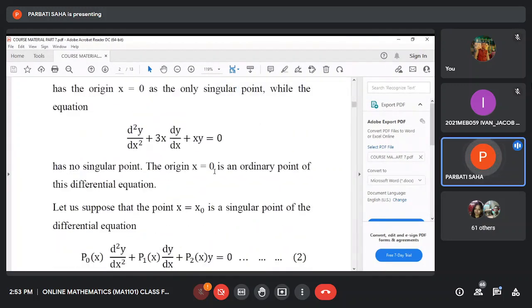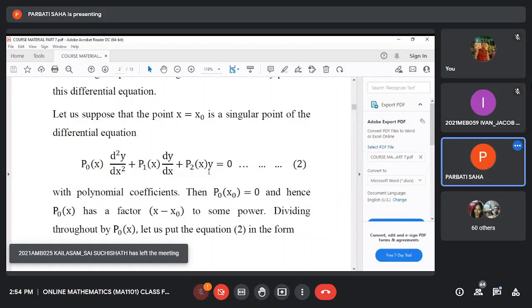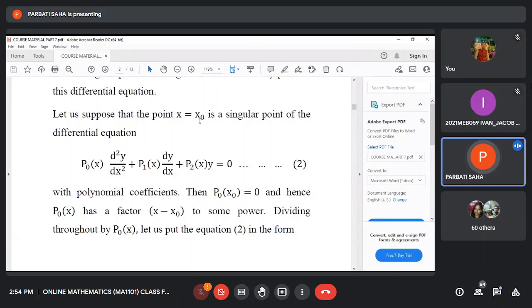Now you see this differential equation. We consider this differential equation where P0(x), P1(x), P2(x), all these are polynomials in x. Now consider x equals x0 as a singular point of this differential equation.